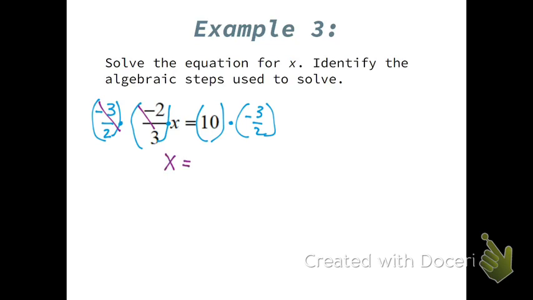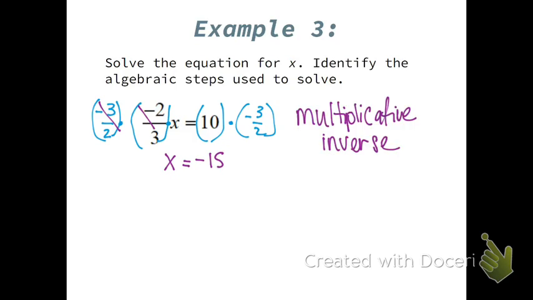And on the other side of the equation, when you do 10 times negative 3/2, you get negative 15. What's new here, though, is that we want to be able to say what property we used along the way. We chose to multiply both sides by negative 3/2 because it was the multiplicative inverse. That is what allowed us to get the x by itself in this case.